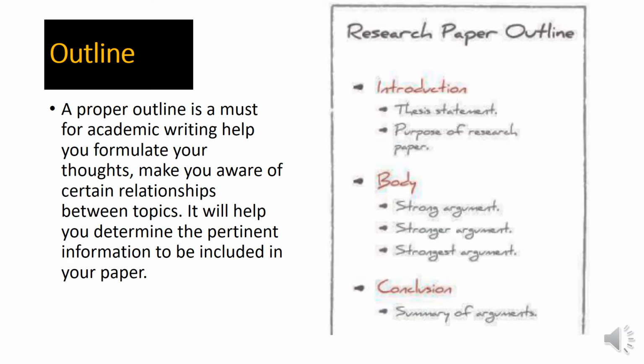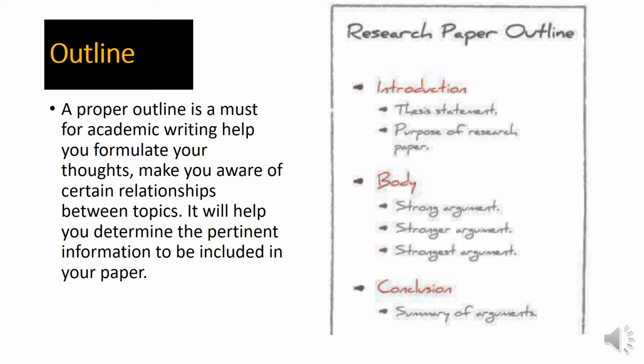Okay, now next we have outline. A proper outline is a must for academic writing. It helps you formulate your thoughts, and makes you aware of certain relationships between topics. It will help you determine the pertinent information to be included in your paper.